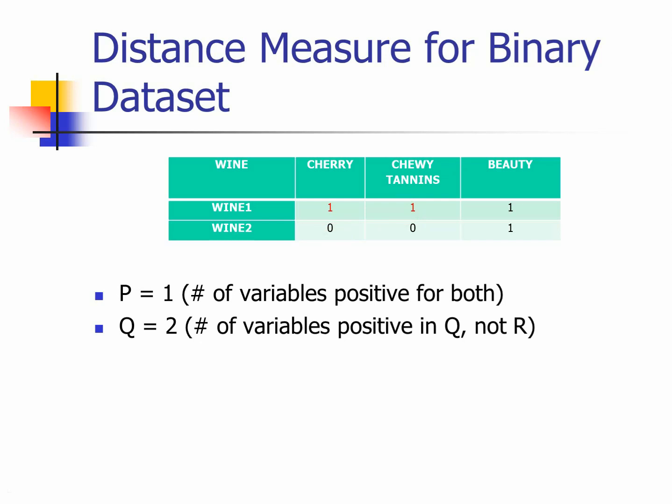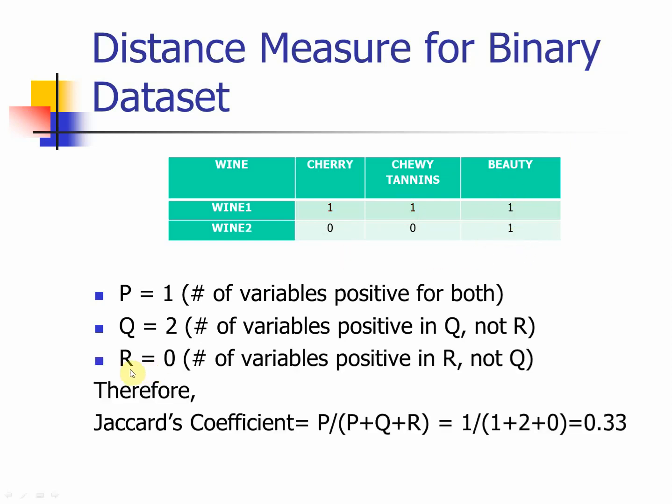So you can see that the 2 red lines represent the idea over here. So we have 2 attributes that occur on y1 but not on y2. And of course you can see that the other one is not considered over here because P has already picked up that value. R equals 0 because for y2 there's only one attribute as 1, but that is covered by P already.